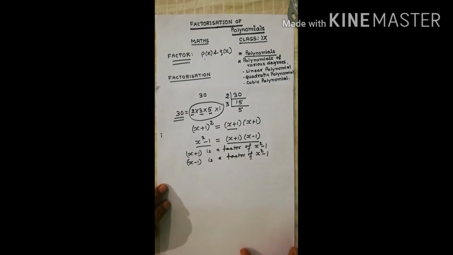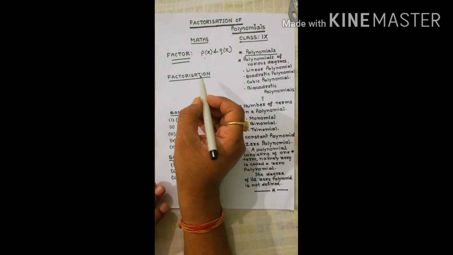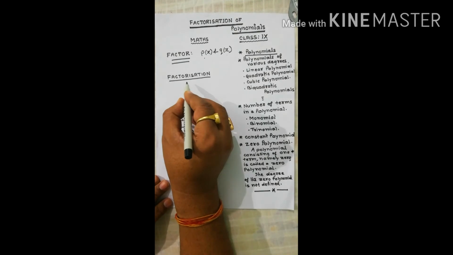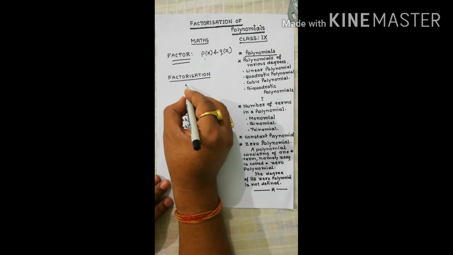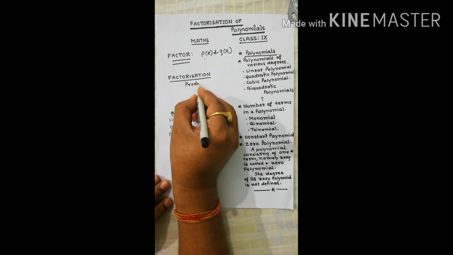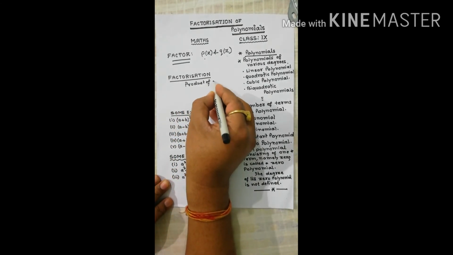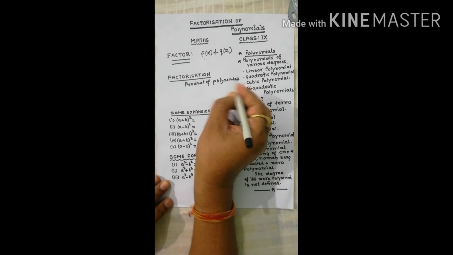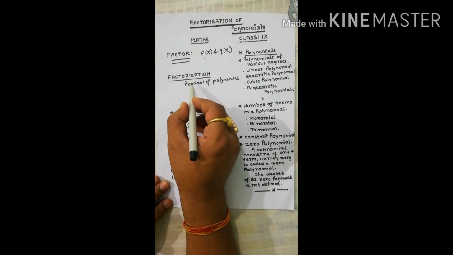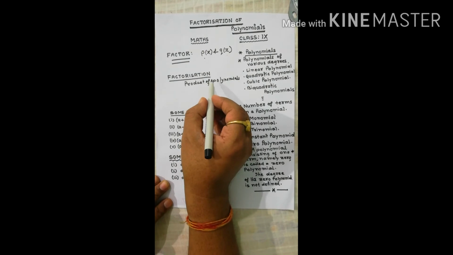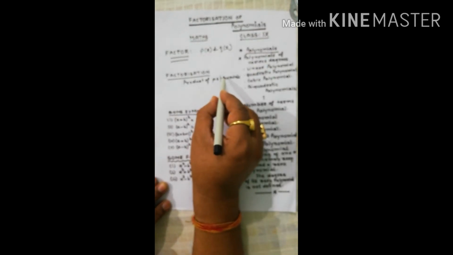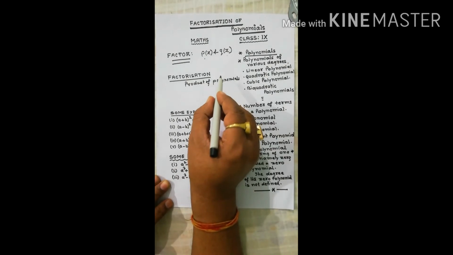Now what is factorization? Factorization is to express a given polynomial as the product of polynomials, each of degree less than that of the given polynomial, such that no such factor has a factor of lower degree.